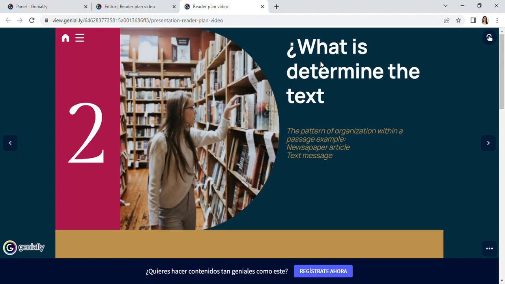The third one, what is determine the text? Determine the text is the pattern of organization between a passage. I'm going to explain that. It is one idea that he or she wants to let us know and to share with us in a text and in literature.